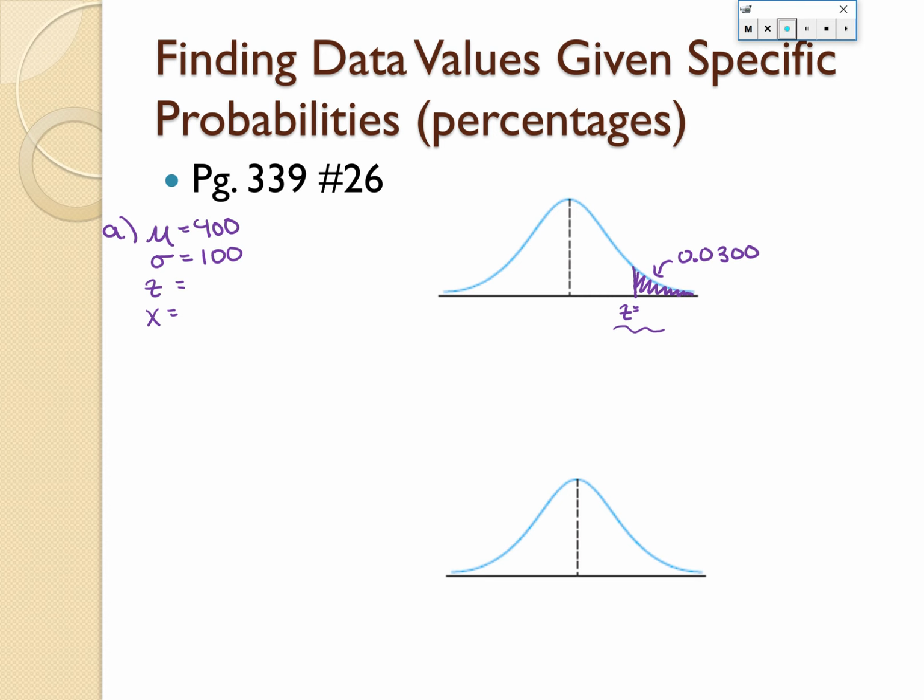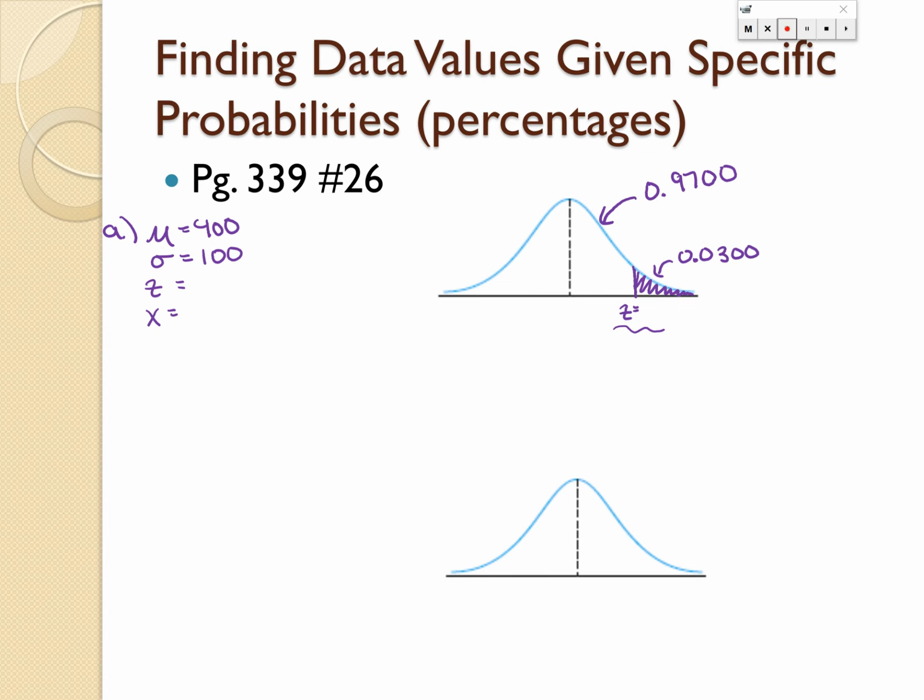It won't. So if you're hunting through your table or if you're using your calculator, I'm not going to concern myself with 0.03. What am I going to concern myself with? I need this area. That's the area I need.